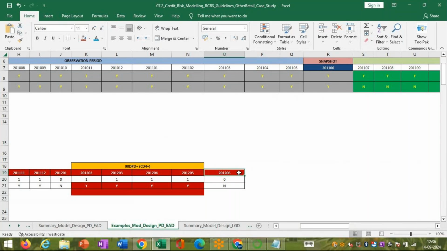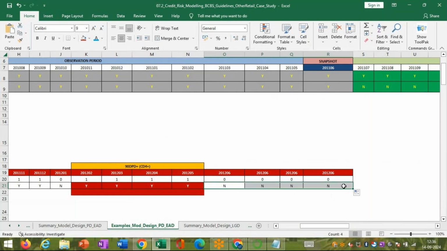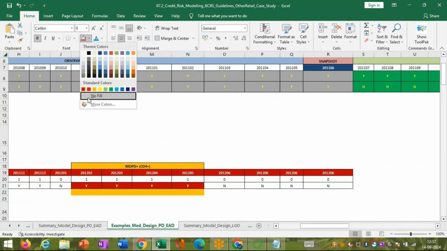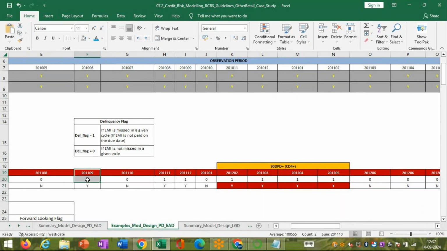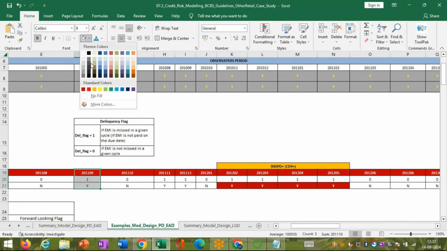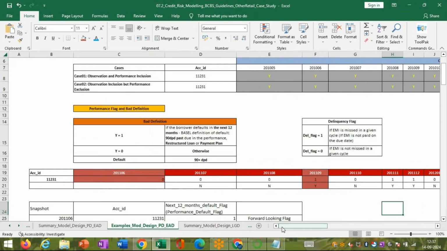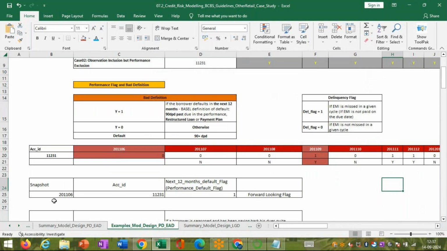This will go till 2012-06, 07, 08, 09, and let's say the customer continues to be N. Now, if I am starting from 2011-09, will this customer be a defaulter in terms of the 2011-09 snapshot?